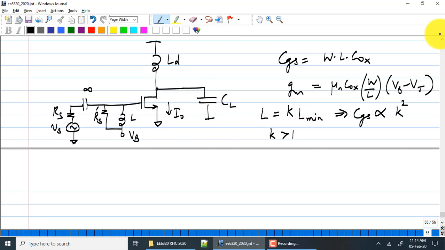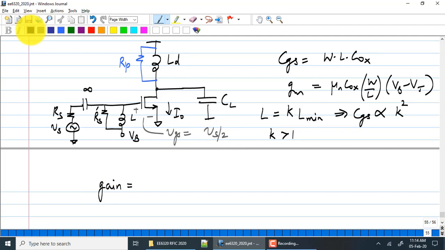Now assume that RDS is relatively large, or you have some parallel resistance RP. We saw that you will always have some effective parallel resistance RP. So the gain is given by this. You basically have VGS, which is equal to Vs by 2 if it is perfectly matched.